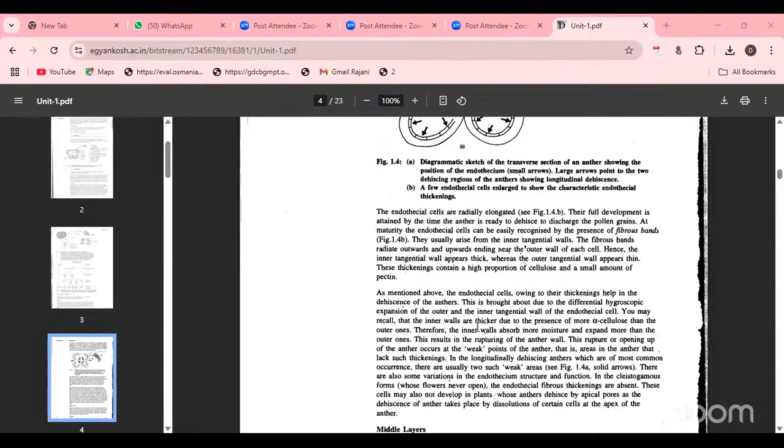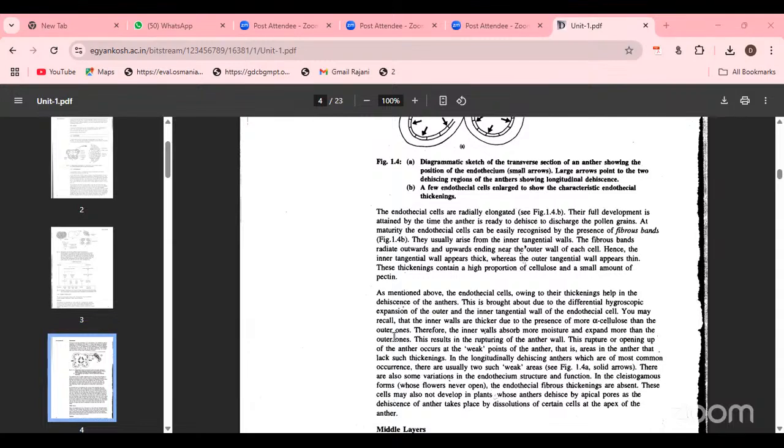The inner walls are thicker due to the presence of more alpha cellulose than the outer ones. Therefore, the inner walls absorb more moisture and expand more than the outer ones. This results in the rupturing of the anther wall. That's where the rupture, or opening up, of the anther occurs.